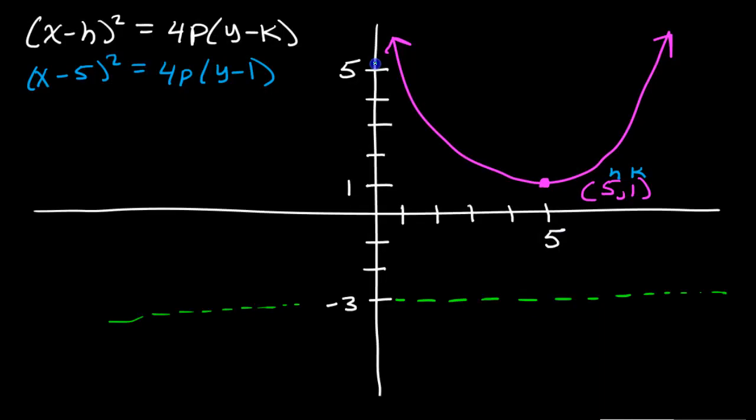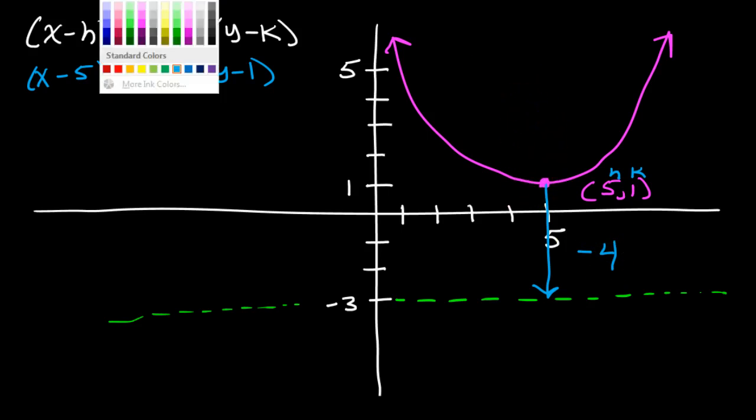So if we look at the distance to the directrix, how far down is this? Okay, well, we went from 1 to -3. So that was down 4. That means that the focus should be up 4.